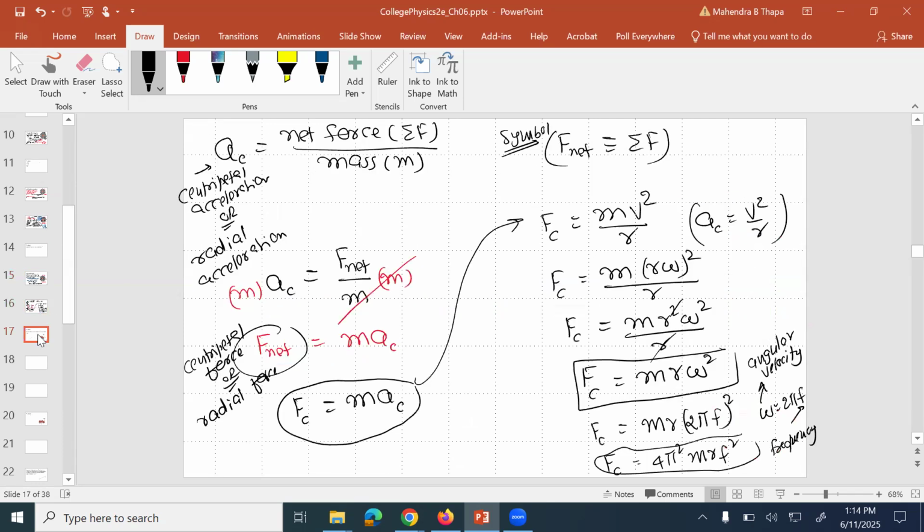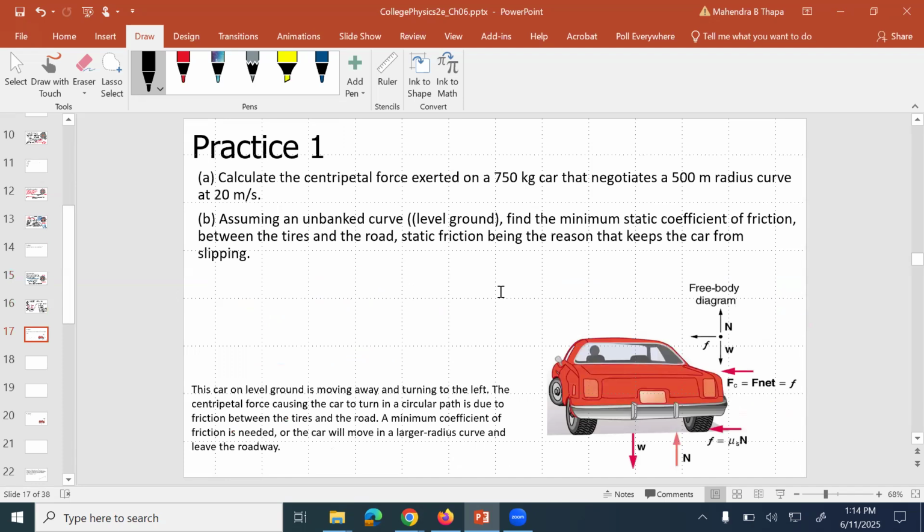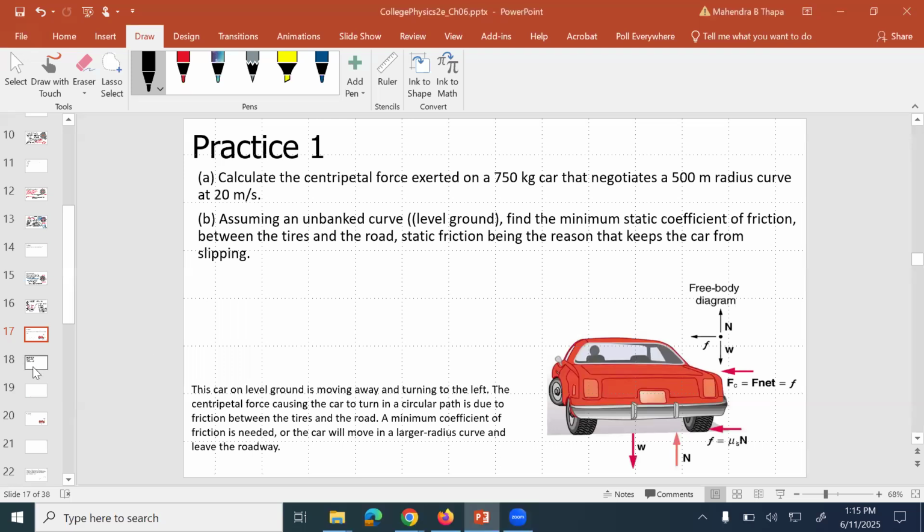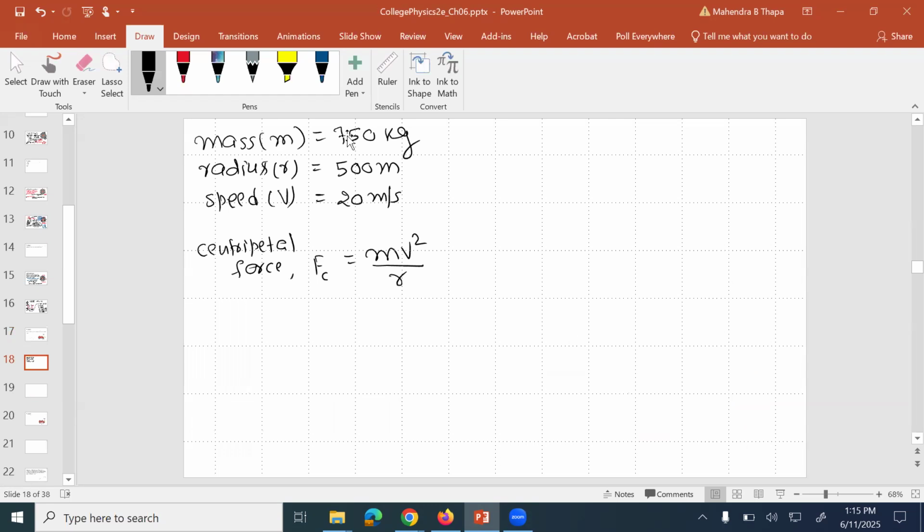Based on this concept, we can solve one problem here. Say, in the first part, we need to calculate the centripetal force. Let's start with that. In this case, the mass, radius, and speed are given.